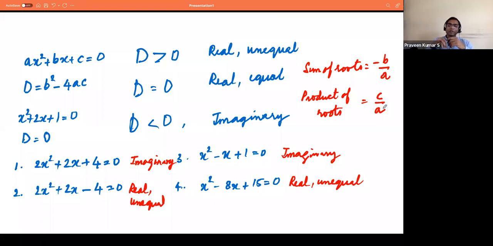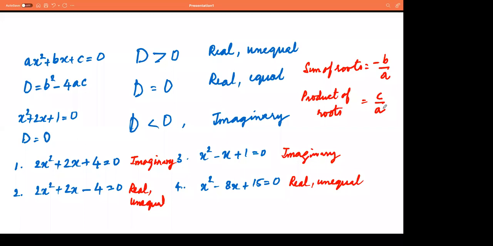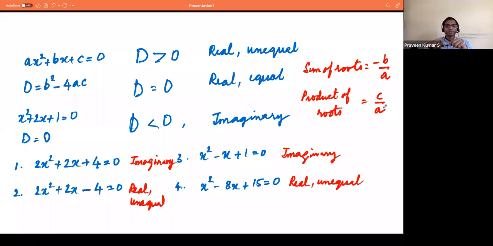Now, in the fourth equation here, what is the sum of roots? 8. And what is the product of roots?